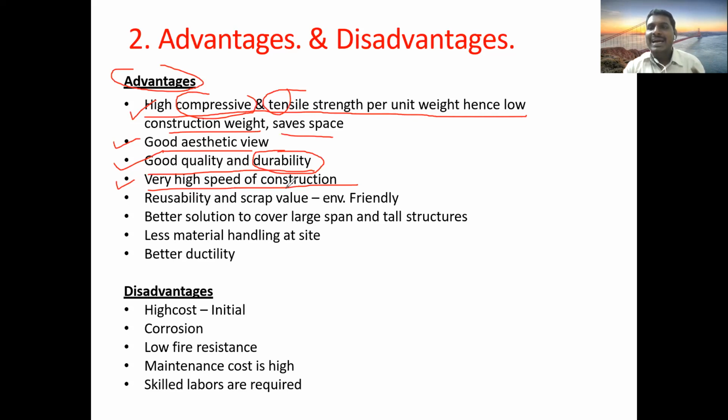We have to connect them only. We have to connect two beams. We have to connect beam and column. And in the RC structure, what do we have to do? We have to make a concrete, then we have to fill the concrete. So there is a lengthy process in the RCC structure. If we compare, the steel structure we can construct fastly. It means very high speed of construction. Are you getting this advantage?